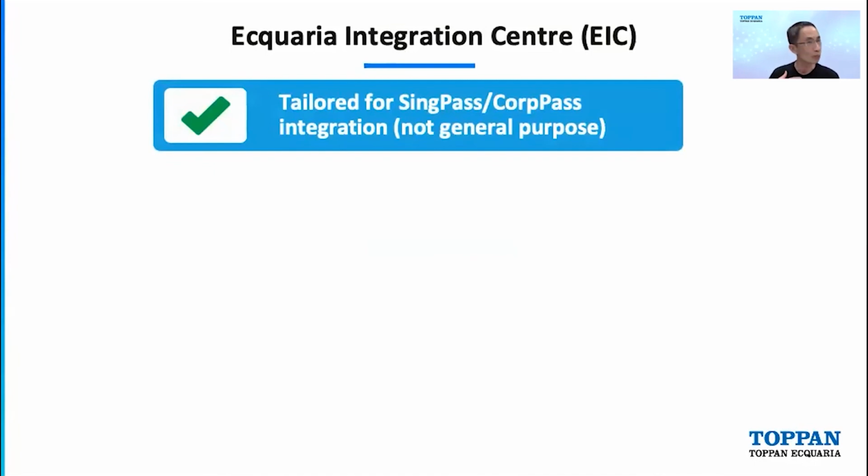You can see from Praveen's demo, all the configuration screens are specifically for SingPass COPAs. It's not a general purpose product. If you use some OIDC product, you need to configure a lot of things just to get it working. But we know the SingPass COPA's flow. We tailor-made the product just for SingPass COPA so that we can set things up very quickly.